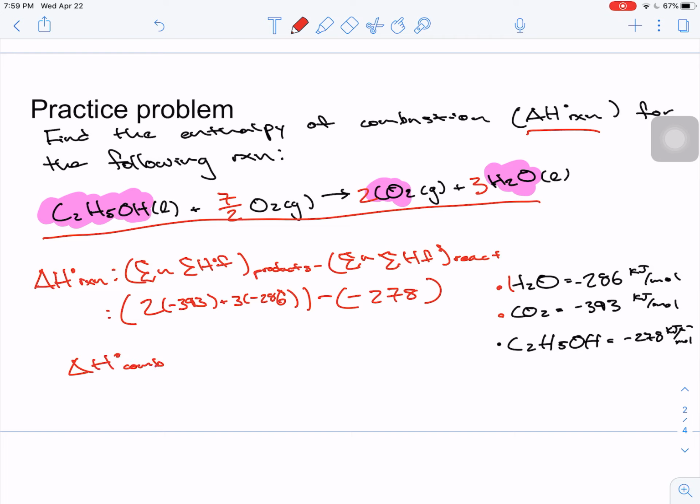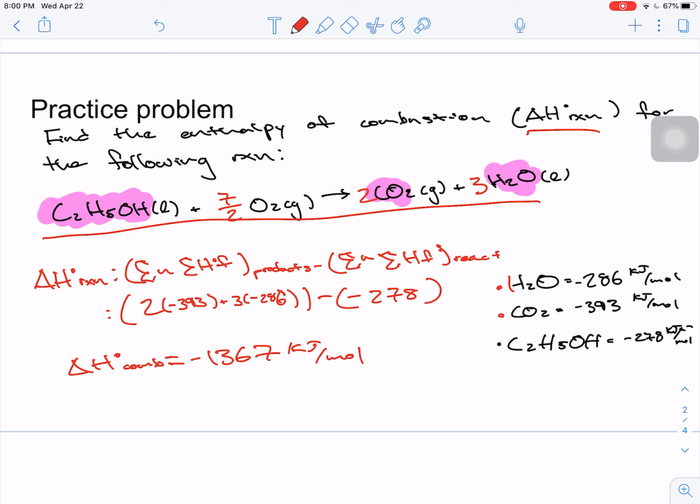Okay, and I'm changing it to enthalpy of combustion because that's what the problem's looking for, but it's the same thing as enthalpy of the reaction. Okay, and if you do the math on a calculator, you should be getting negative 1,367 kilojoules per mole.